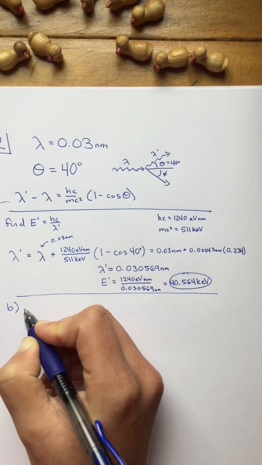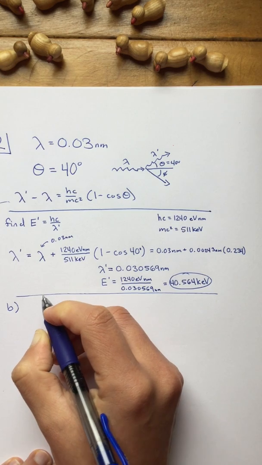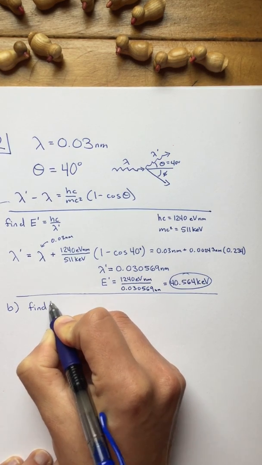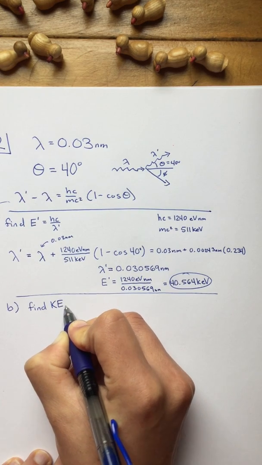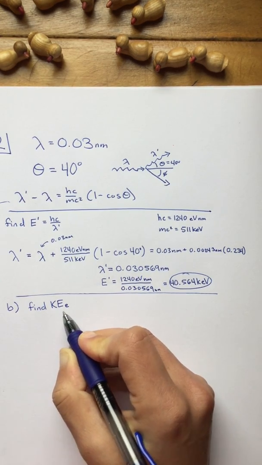For part B, we are asked to find the kinetic energy of the scattered electron. Initially, the electron is at rest; it has kinetic energy after the collision.